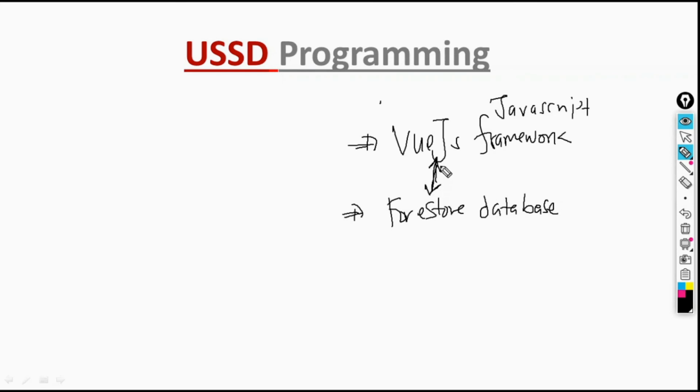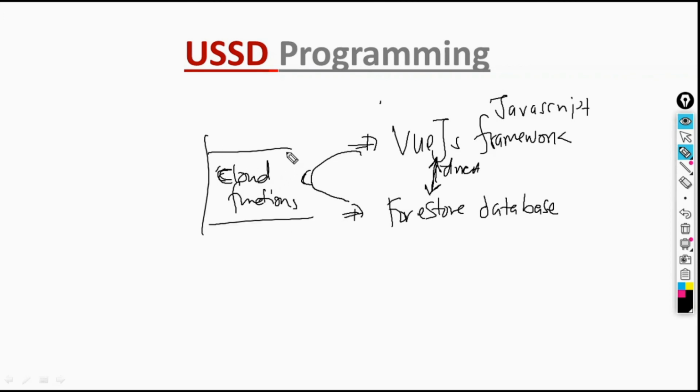These two can communicate directly, or they will need cloud functions to help them communicate. It depends on what level of the program we will be at, but depending on where we are, we'll be using what we feel is good for us at that particular time.